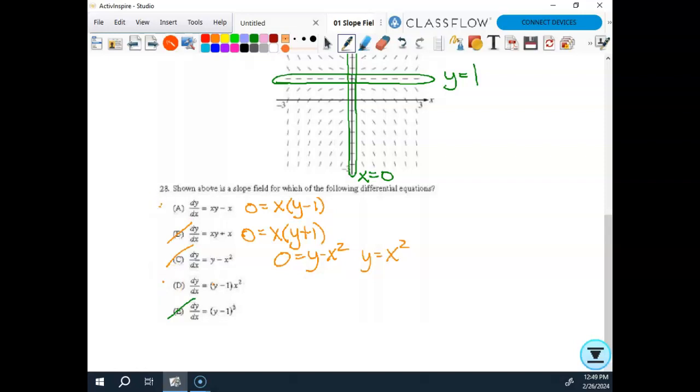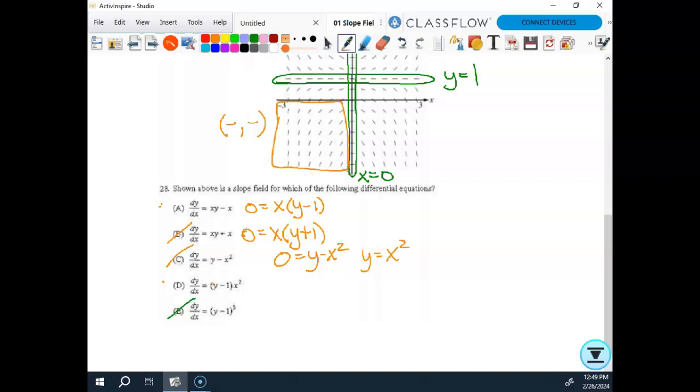So now we have to look at one more thing, or we can choose some points. But if you just look down in this, I know in the third quadrant, everything is negative, negative, right? Look at all these slopes. What do all of these slopes have in common? They're all positive, right?